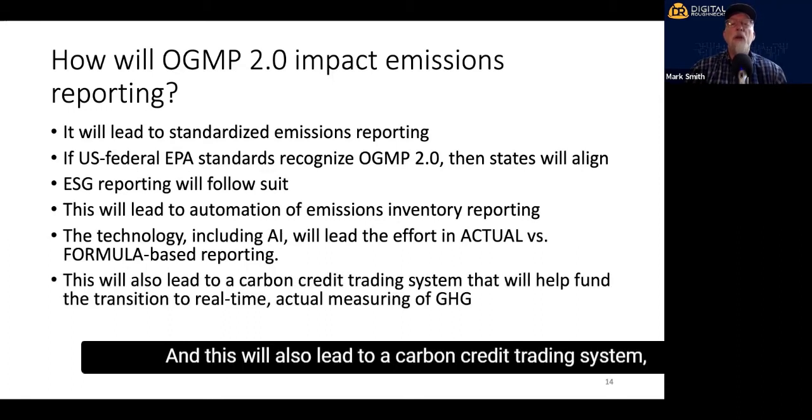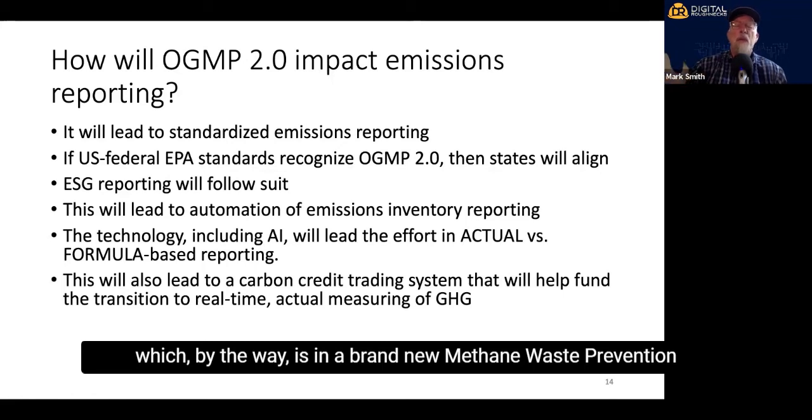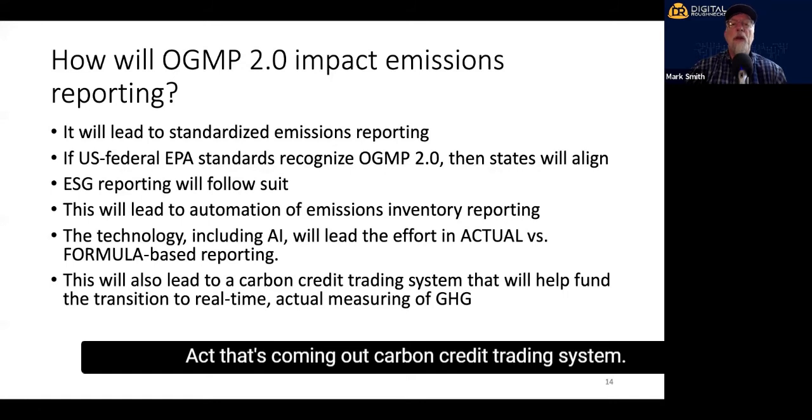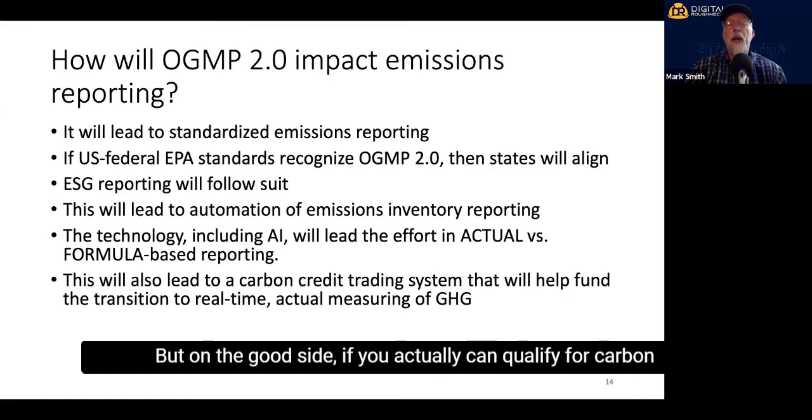And this will also lead to a carbon credit trading system, which, by the way, is in a brand new Methane Waste Prevention Act that's coming out. But on the good side, if you can actually qualify for carbon offsets, you're going to help fund this transition to real-time actual measuring of greenhouse gases, right?